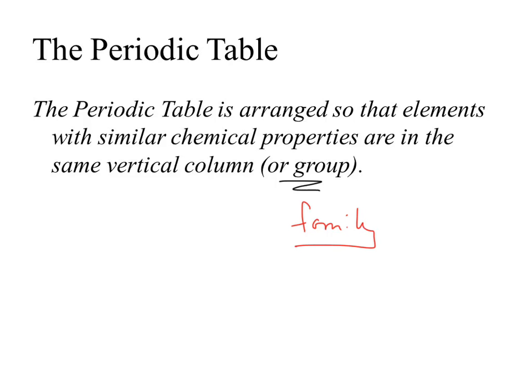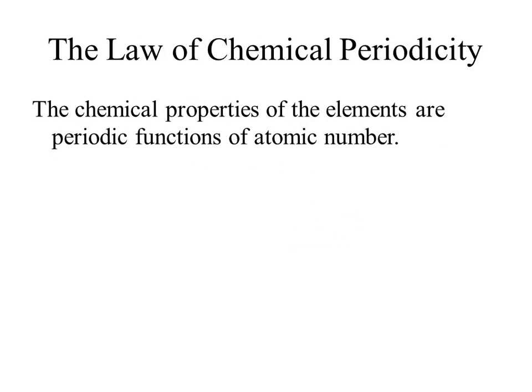Up, down. So if I ask you on the test to pick out something that would be in the same family as sodium, you could go with potassium or lithium or rubidium. You would just go like this. What Mendeleev did in making all the Mondays line up with the Tuesdays is actually called the law of periodicity.